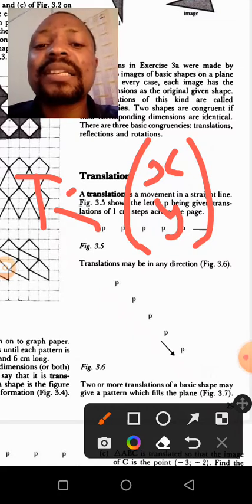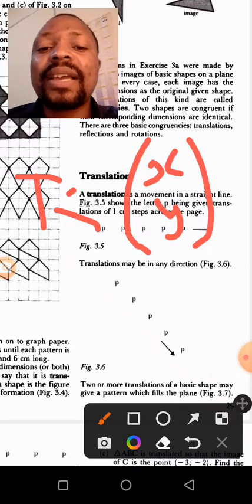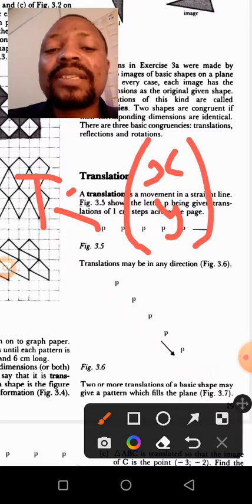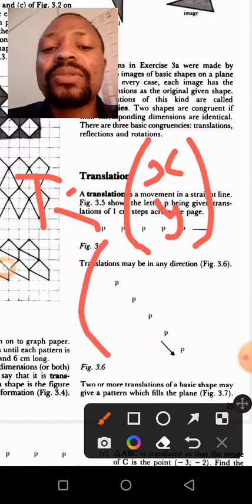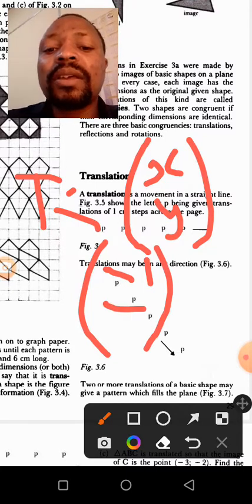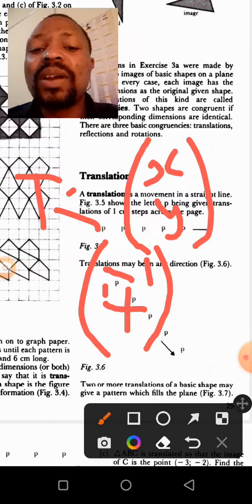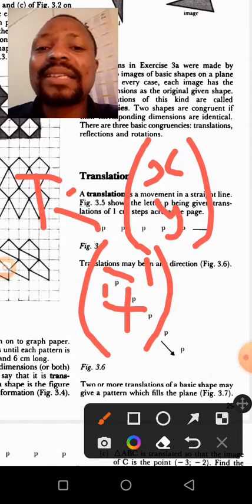So the translation factor is written as a single vector, that is an x, y vector. For an example, if we take x as minus 1 and y as 4, that is when we are saying minus 1, 4, that is our translation vector.